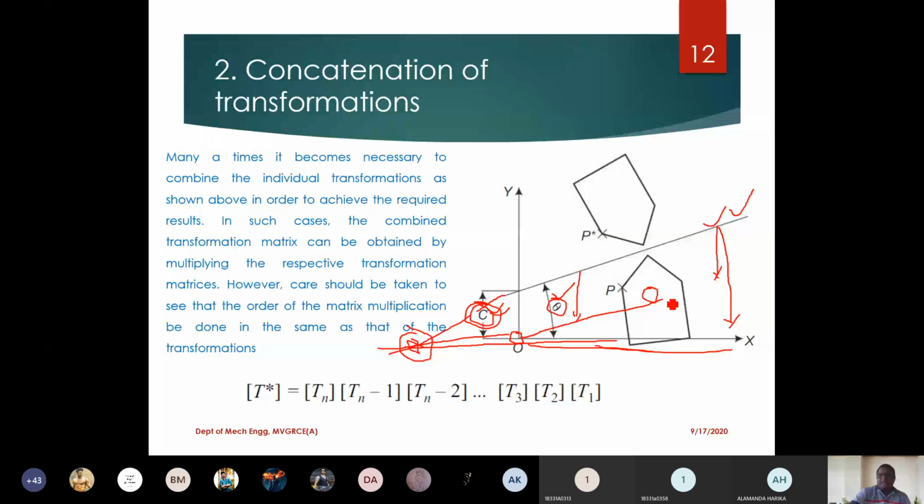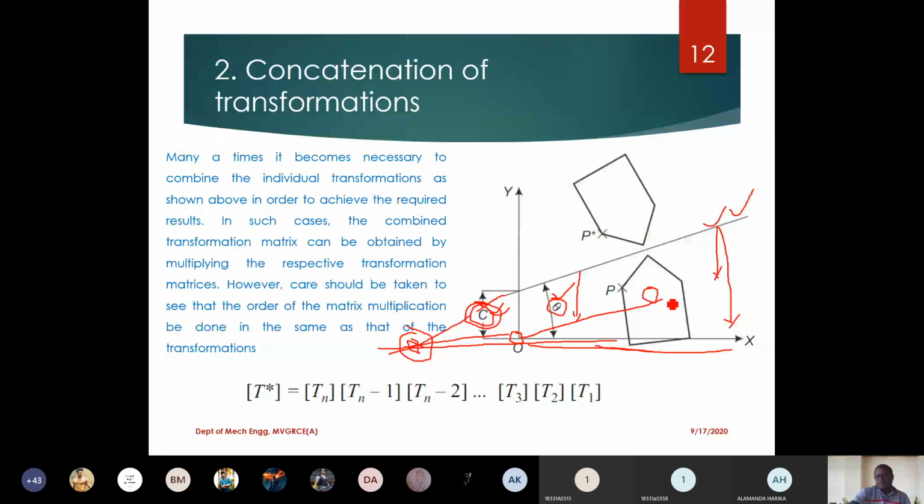The theta is still the same. I just applied the translation by minus c units. By doing that, the arbitrary straight line now passes through the origin, and if you rotate it by minus theta, the straight line exactly matches the x-axis. That is how I can bring the straight line to match the x-axis.